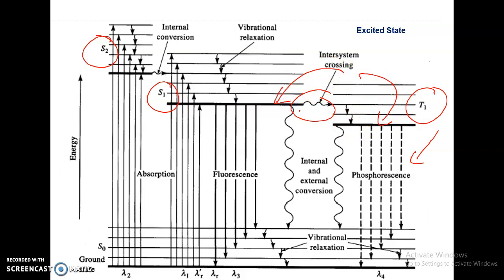So it depends on your application. Let's say if you don't have any other option of compound, you have to analyze a halogenated aromatic fused ring. You cannot use fluorescence because fluorescence will give you very low intensity. So you opt for phosphorescence.